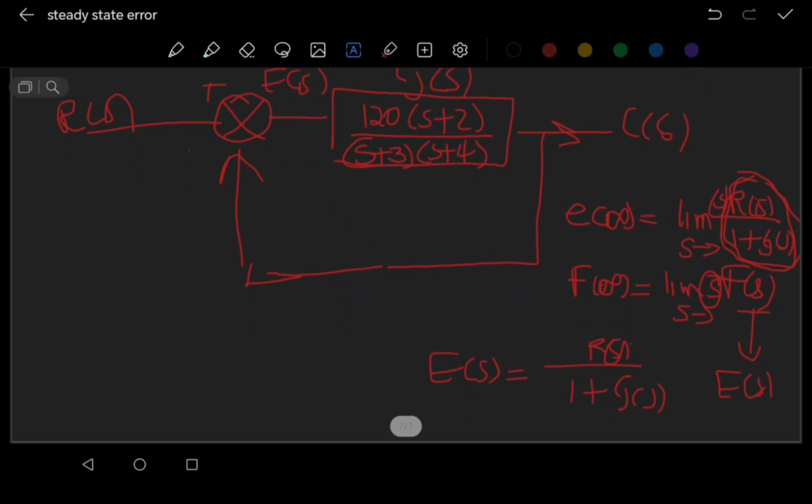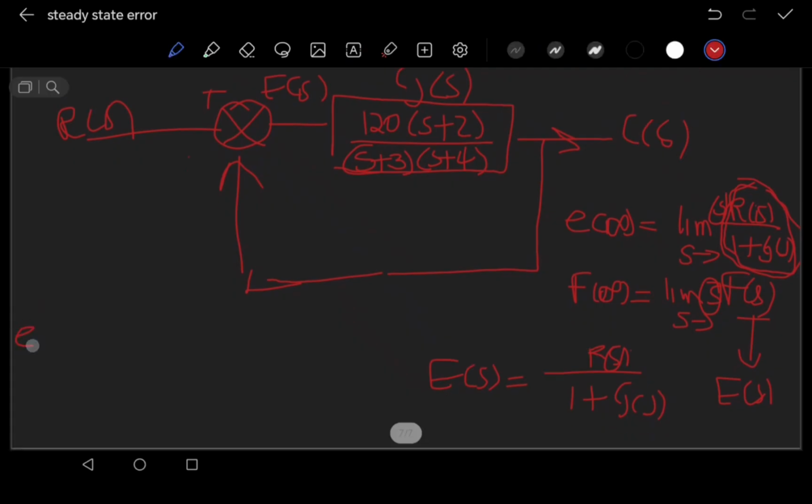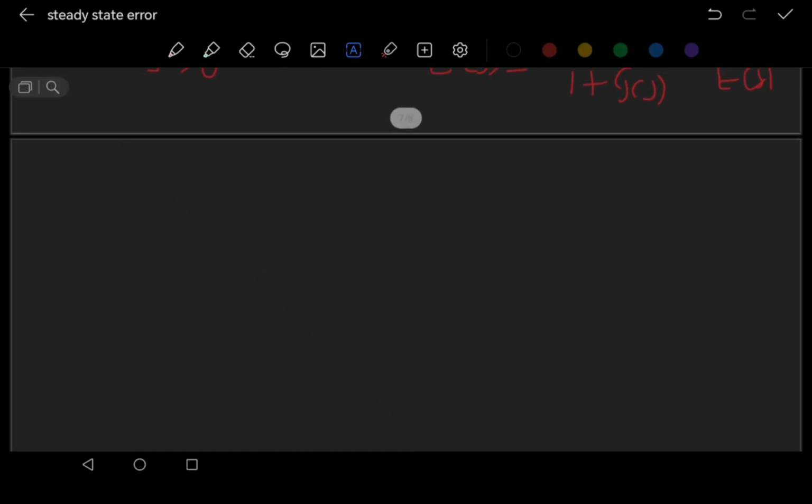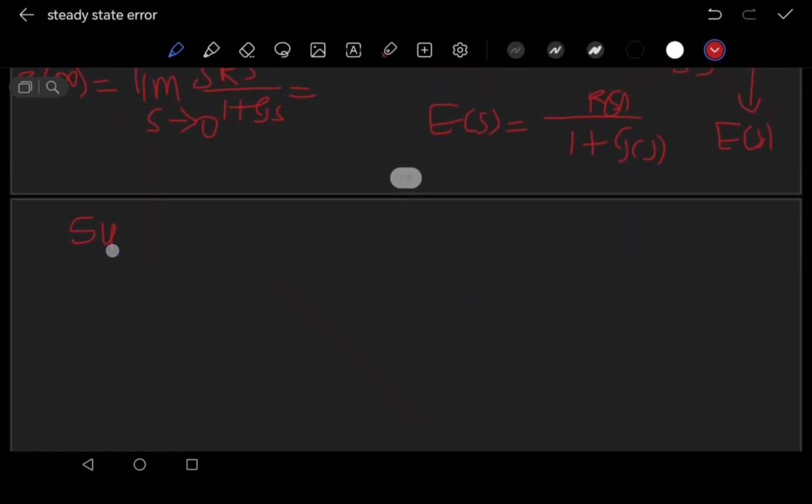Now let me try to solve the question, right? So e is equal to limit s approaches 0, s r of s over 1 plus g, right? So we're supposed to be given r of s. Surely, maybe when you're given a 5 unit step function, it will be 5 over s, right? So we're going to solve it like this. We are given a 5 unit step function, so the Laplace transform of this will be 5 over s.